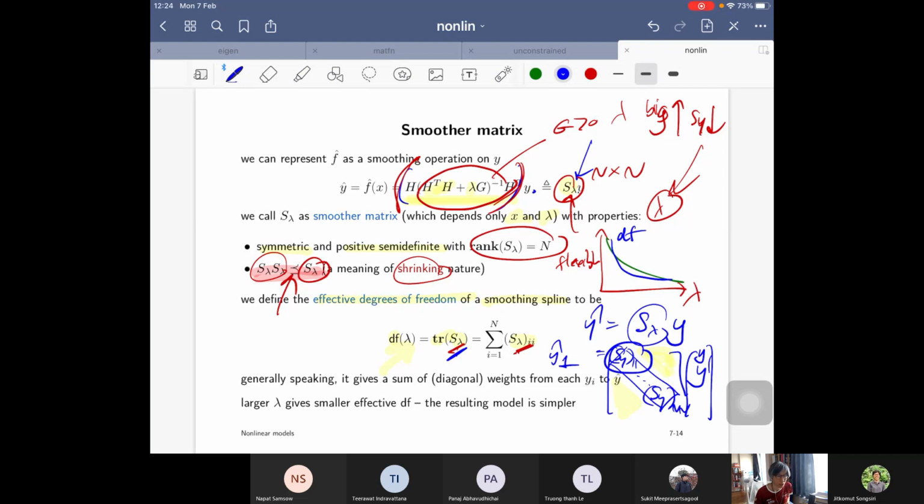With this interpretation, the trace of S lambda gives the effective degrees of freedom. The effective degree is less as the smoothing parameter is larger.